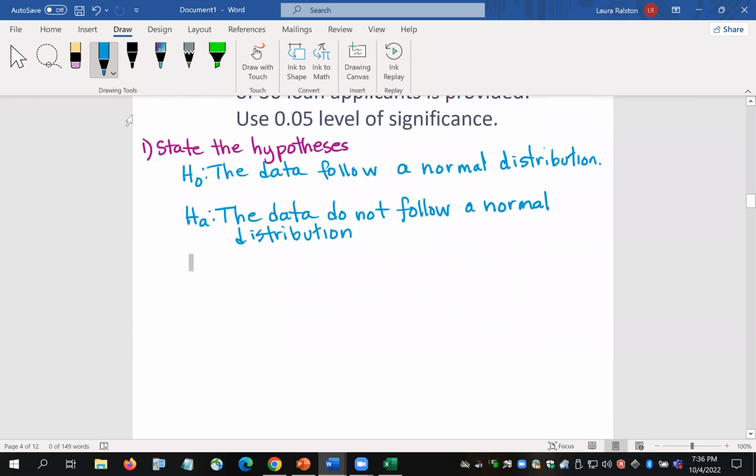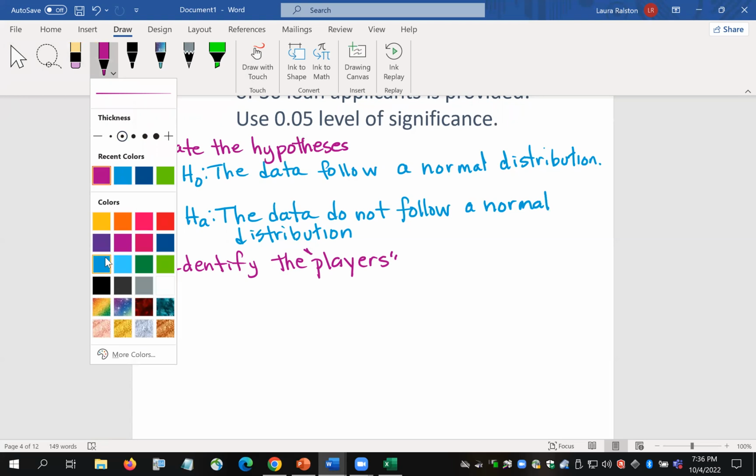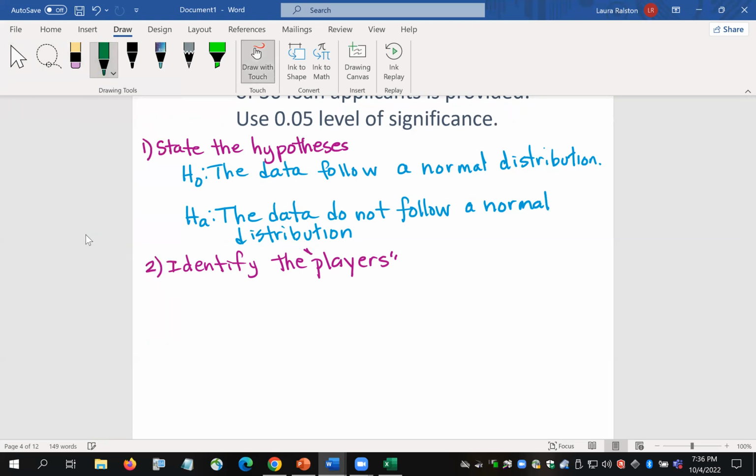Again, for this test, the second step in the hypothesis testing process is to identify the players. But when we are looking at this idea of normality, we do have to have the raw data.